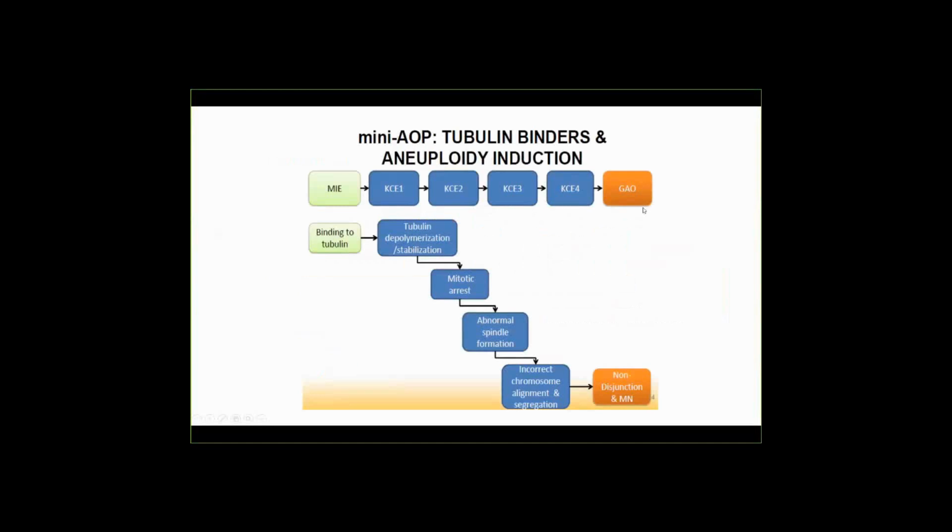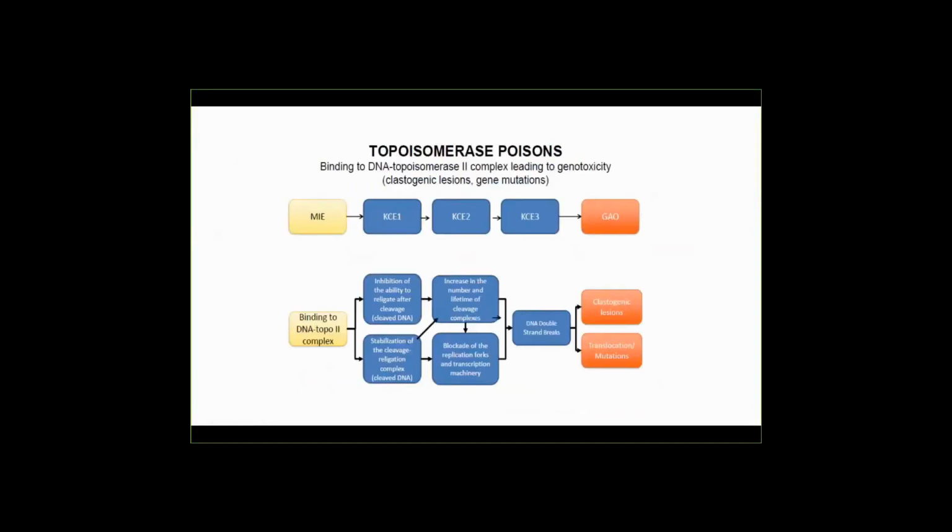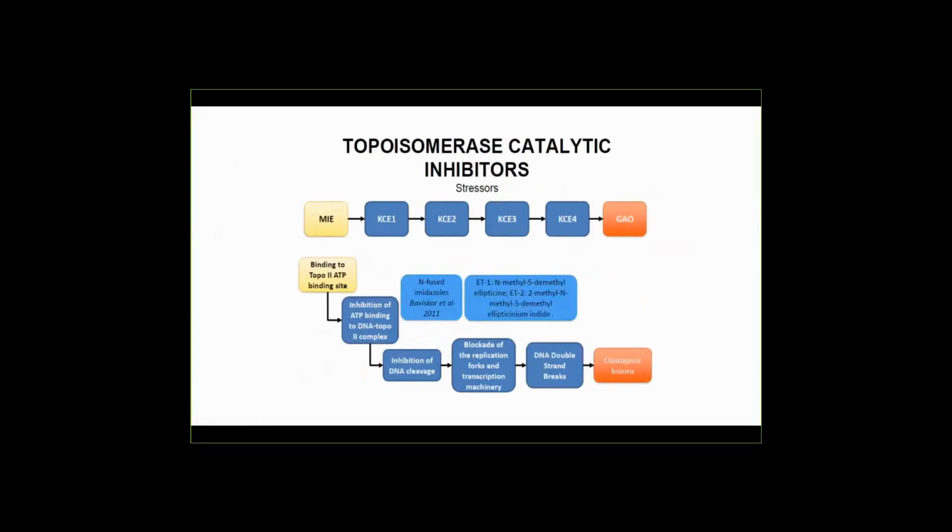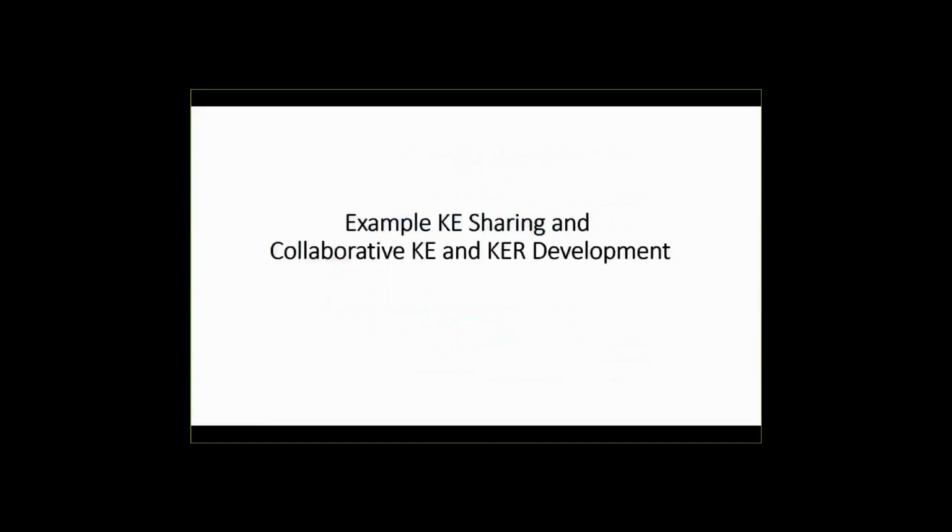And so here are a few examples. They've made one for tubulin binders, topoisomerase poisons, and topoisomerase inhibitors. And so they're developing these partial AOPs that go up to the genotox endpoint, and it is hoped that someone else that is more of an expert in the population level will pick up that endpoint and bring it all the way to the final adverse outcome.